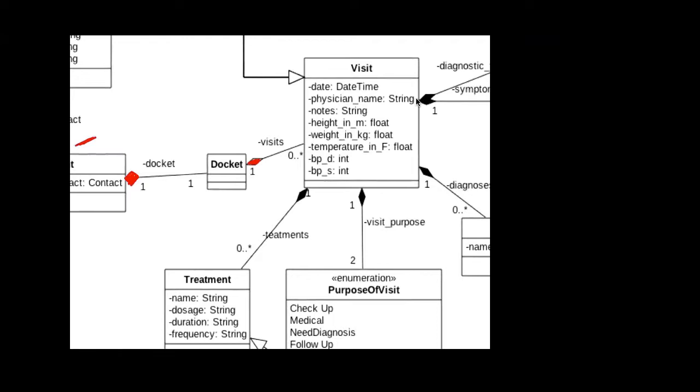All right, so what can you say about this part here? The fact that we have these minus signs on docket and visits. It's private. What does that mean in terms of how you would implement this? Why is it private?